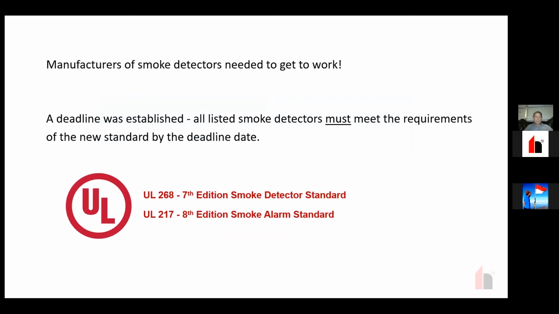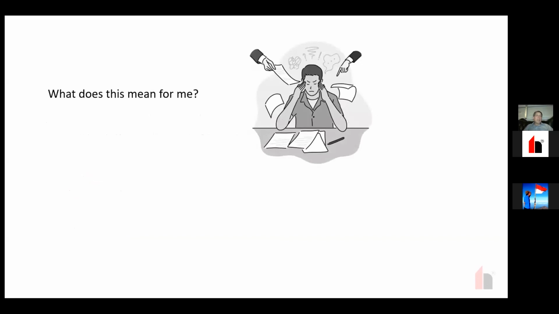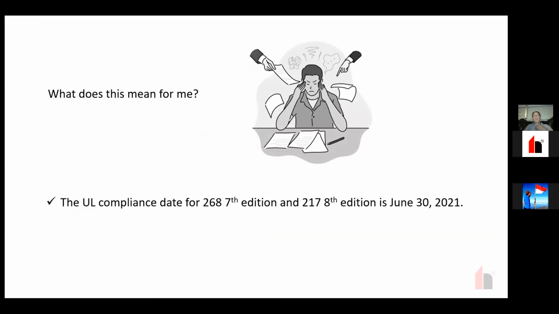Okay, well, we've explained why these changes were made and the benefit that will come from it. The question now you may be asking is, what does this mean for me? Well, the UL compliance date for the 7th edition of 268 and the 8th edition of 217 is June the 30th, 2021.